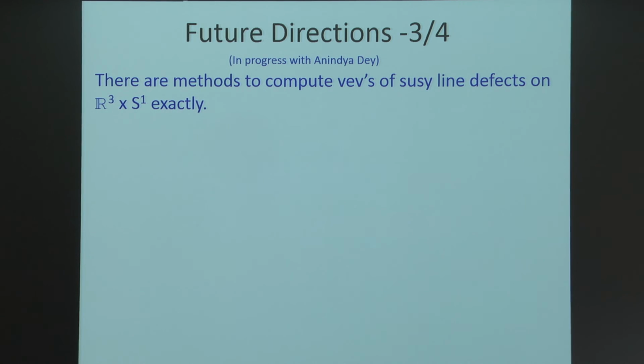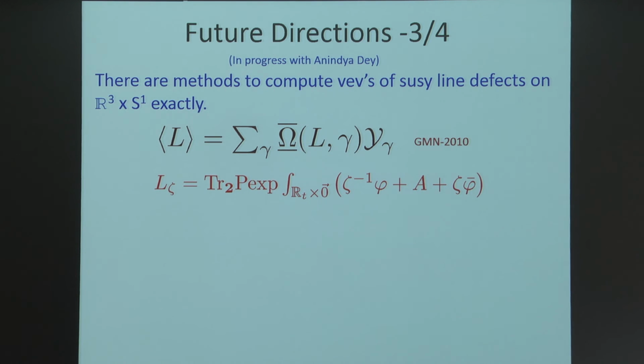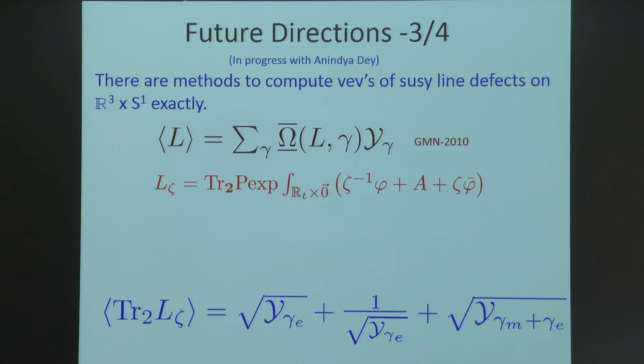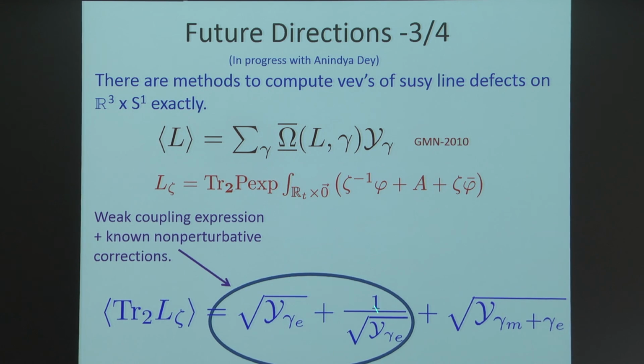Now, for the line defects, there are methods to calculate the VEVs of supersymmetric line defects on R3 times S1 exactly. There's a kind of expansion I gave with Gaiotto and Moore in terms of some functions which are explicitly computable. My favorite example here is the supersymmetric Wilson line in SU(2) gauge theory, the trace in the 2. It's a three-term expansion where these are explicitly known functions.